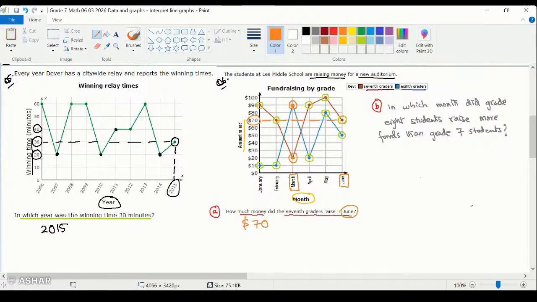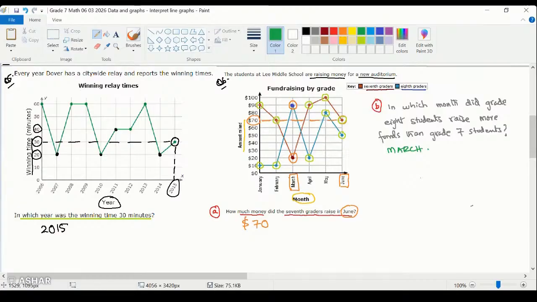In March, grade 8 students raised more. March. Agreed? There was a single month when grade 8 students raised more money, and that was March. In all the other months, they raised less money.